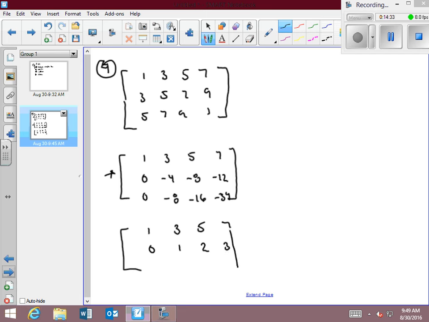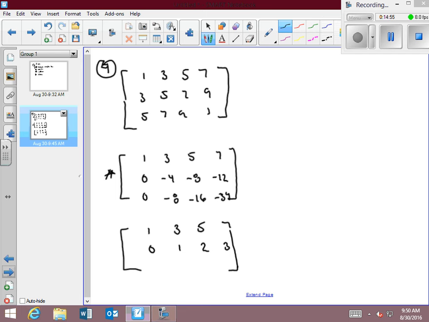But now I'm going to use this matrix to get the 0. Do you understand what I'm doing? I'm kind of just combining things so I don't have to rewrite the matrix. So I'm going to take the second matrix and eliminate the minus 8 in the third row.